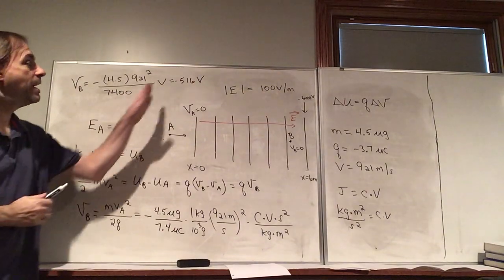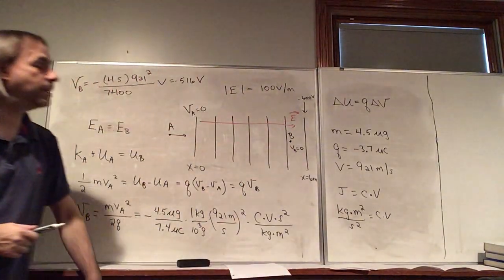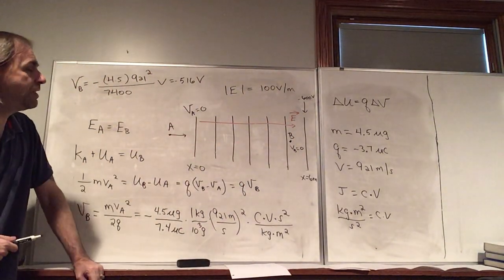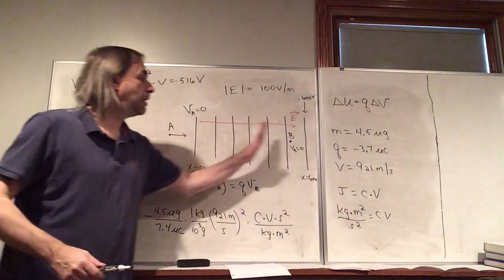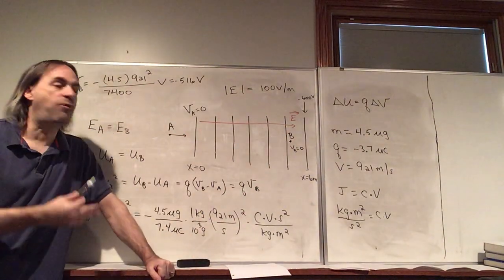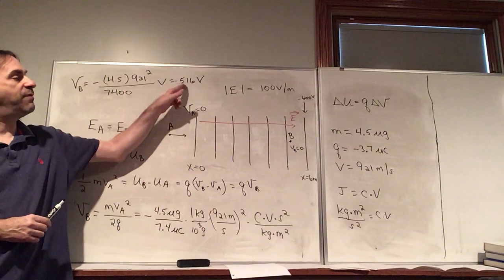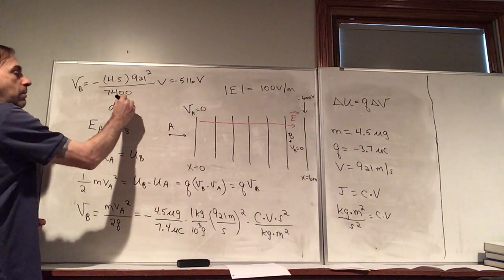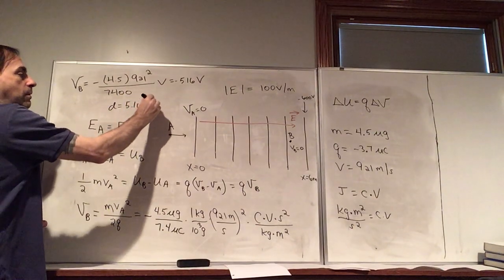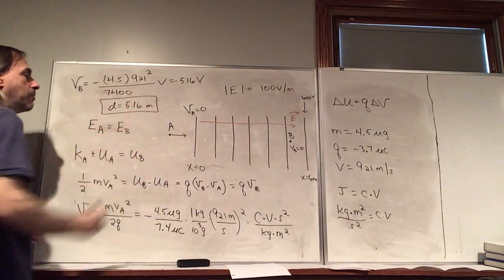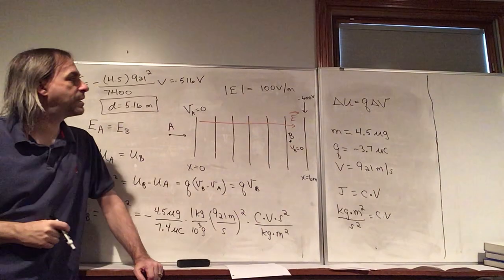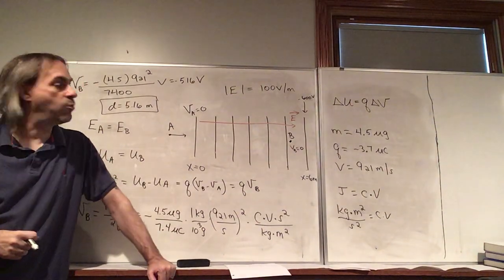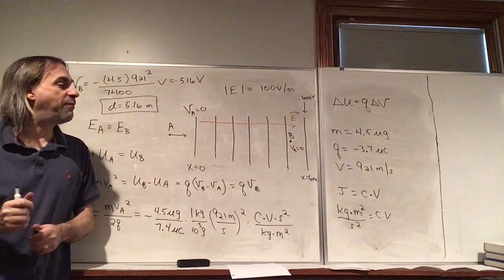And that occurs at minus 516 volts. And so the actual distance that this particle would travel before coming to rest would be 5.16 meters. It's 100 volts per meter, so 516 volts would be 5.16 meters. So that's how far it would go.